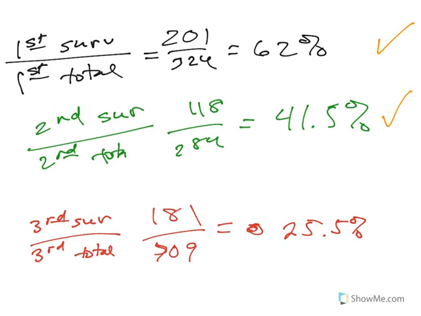If you were in second class, you had a 41.5% chance of survival. And if you were in third class, you had a 25% chance of survival, right? So basically, I'm rounding, 3 out of every 5 people survived in first class, 2 out of every 5 people survived in second class, and 1 out of 4 in third class.